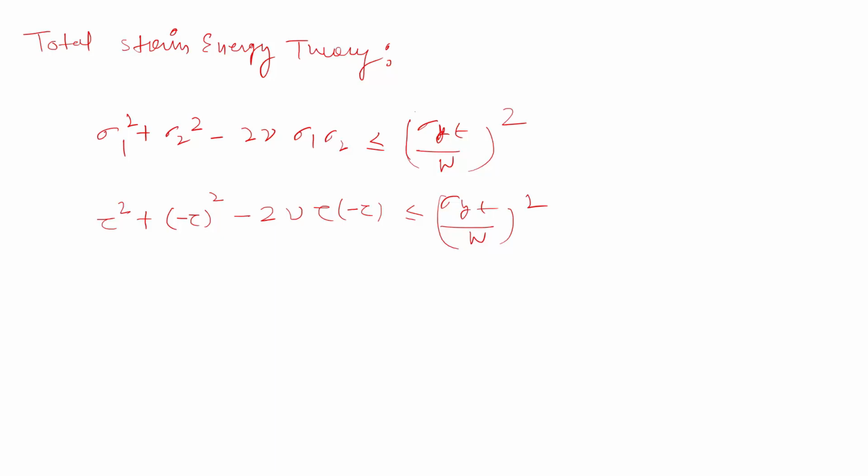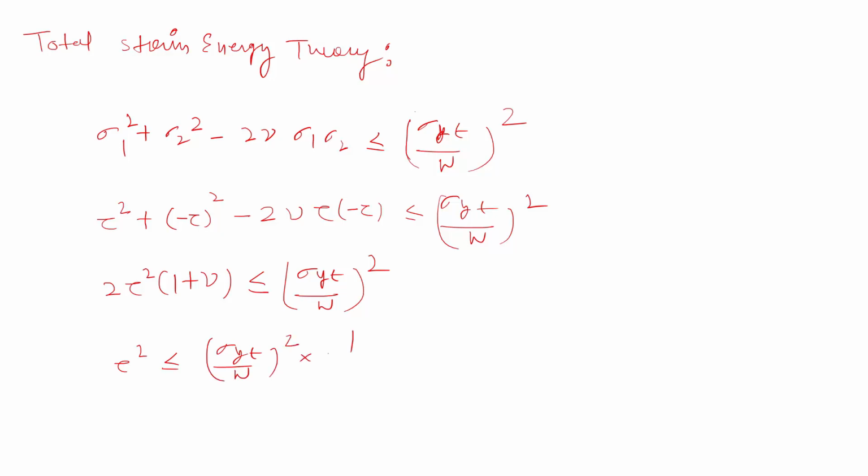If we solve this, this becomes 2 times tau square times 1 plus mu is less than or equal to sigma yt over n whole square. And we can say tau square is sigma yt over n whole square multiplied by 1 over 2 times 1 plus Poisson's ratio.